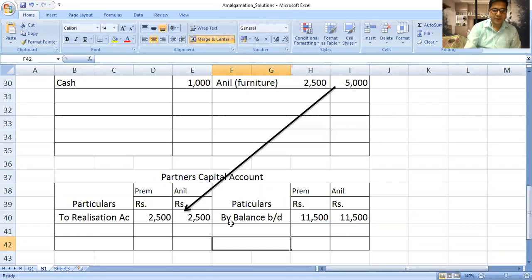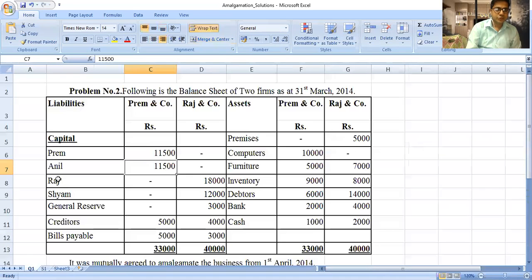See friends, we recorded these capital balances which are there in our question on the partners capital account credit side. Then there are no items regarding general reserve also, so no need to consider.